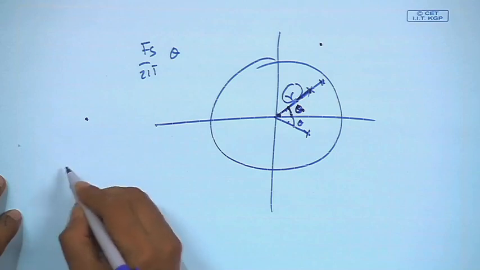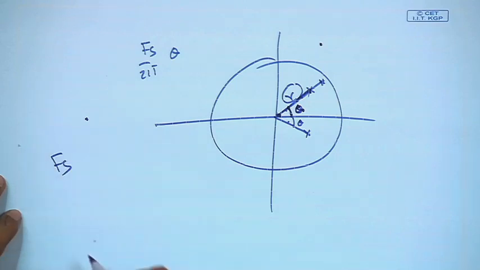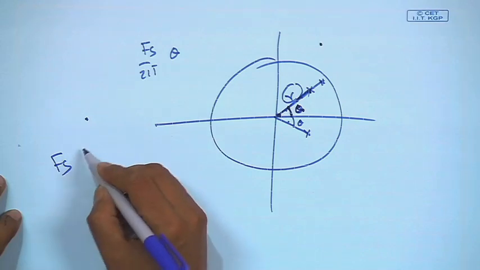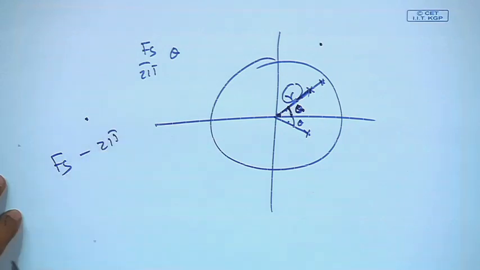If Fs is my sampling frequency, the normalized frequency of the digital signal is 2 pi equal to Fs. So, what is the value of theta?